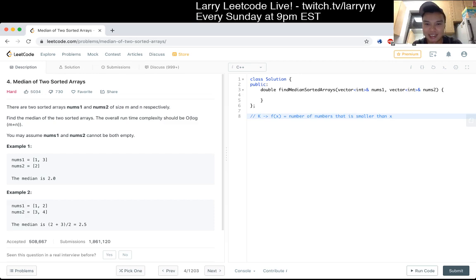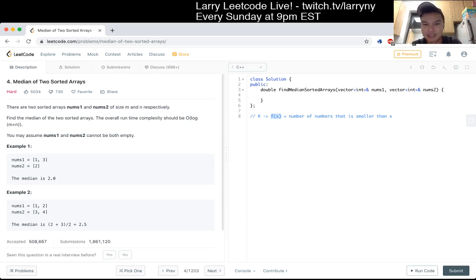This function costs log of m plus log of n times k, which is, I guess, equivalent-ish. Maybe technically slightly faster, depending on how they want to define it.